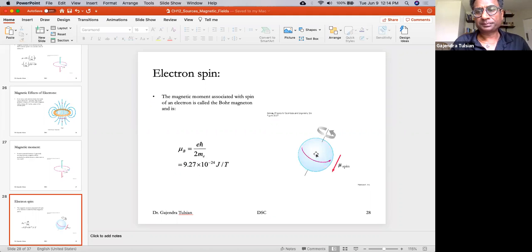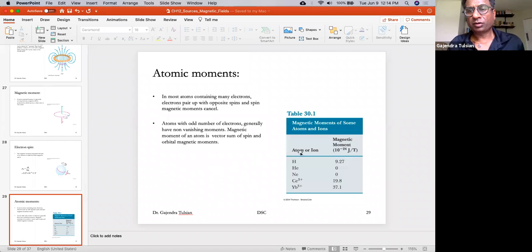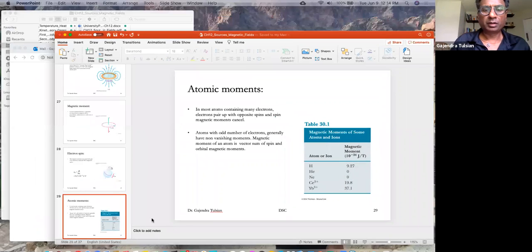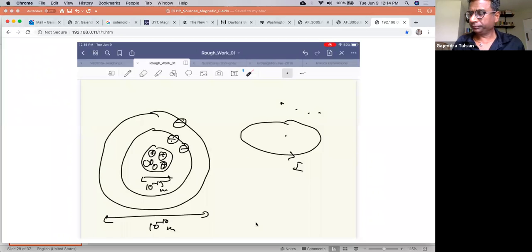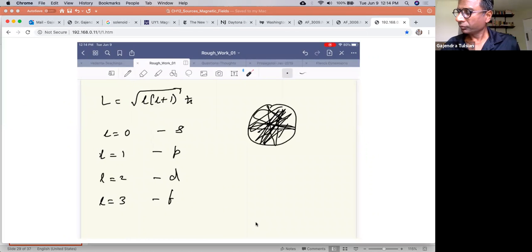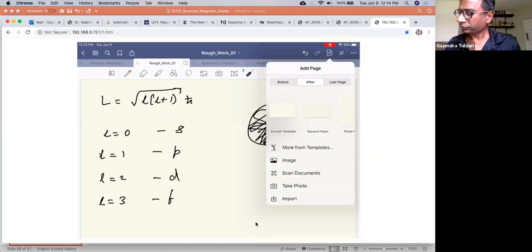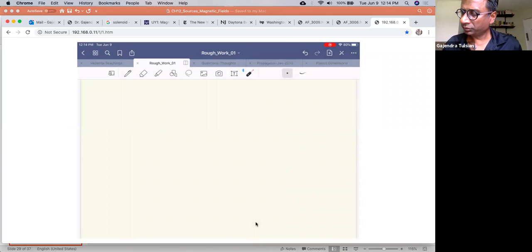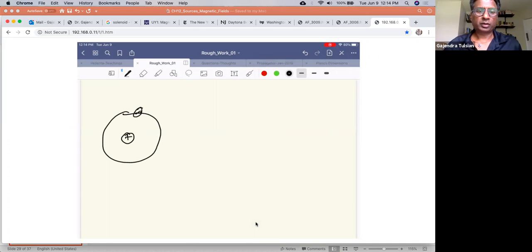So the magnetic moment due to this spinning electron is that. Here's an interesting thing: the magnetic moment of some atoms and ions. Here's a hydrogen atom, with an electron going around it.